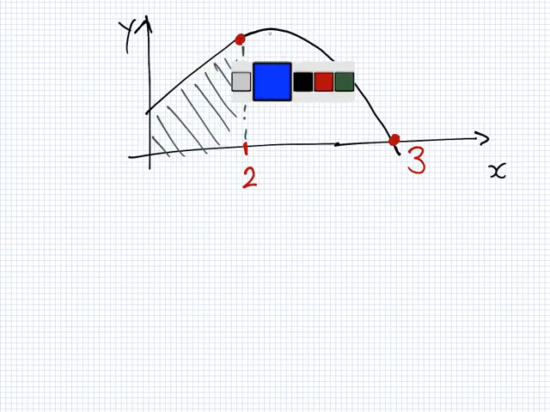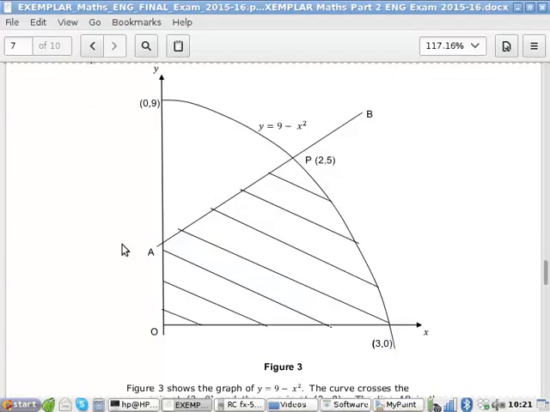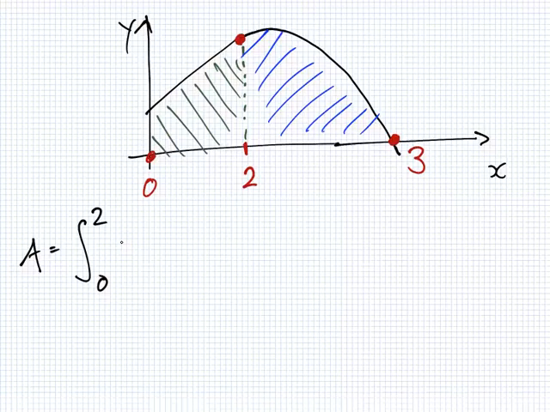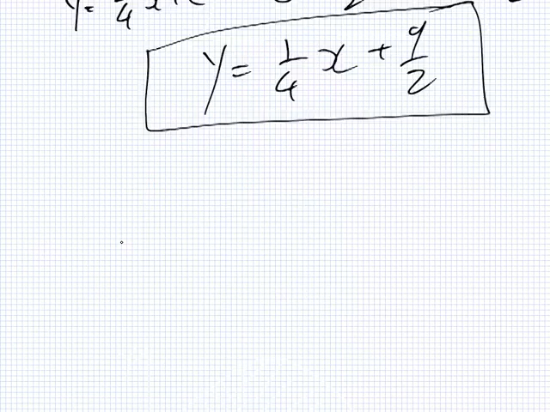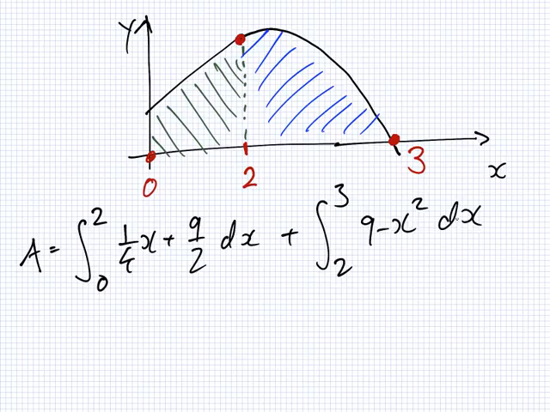This and this. So you should have area equals 0 to 2, a quarter x plus 9 over 2, plus 2 to 3, 9 minus x squared dx. But why did you use the 0 to 2 for the line?